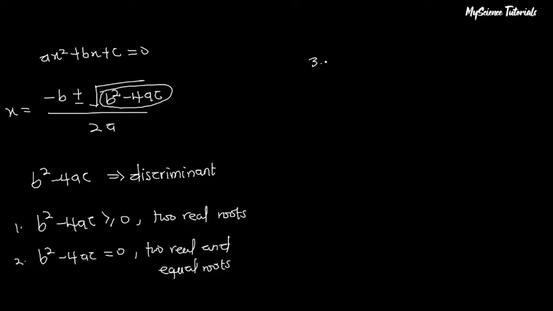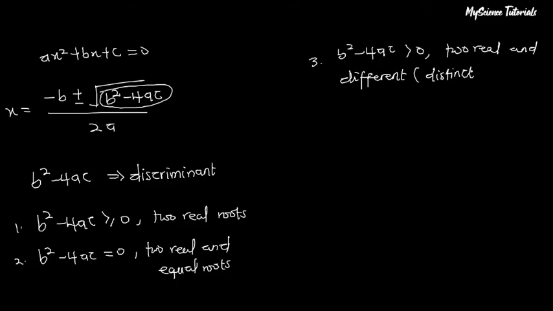Now 3, if we have b squared minus 4ac to be greater than 0, then we say the equation has two real and different or distinct roots.